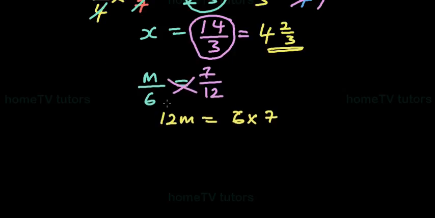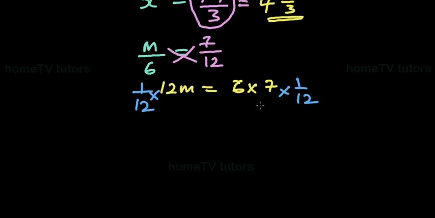So the inverse of 12 is what? 1 over 12. So we multiply both sides by 1 over 12. Good. Now on the left hand side, 12 cancels 12, so we are left with m on the left hand side. On the right hand side, 6 goes in 6 once, 6 goes in 12, that is 2.